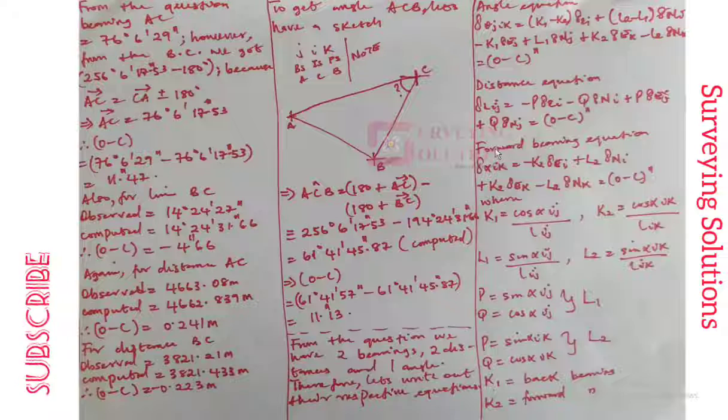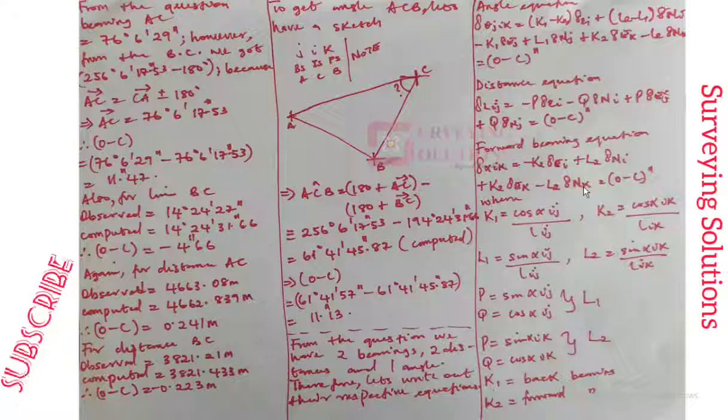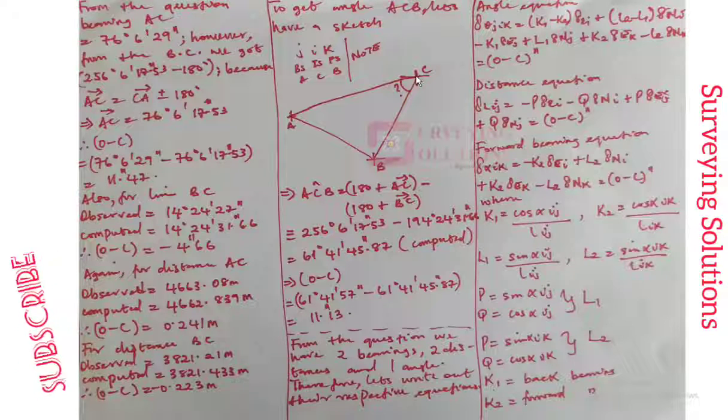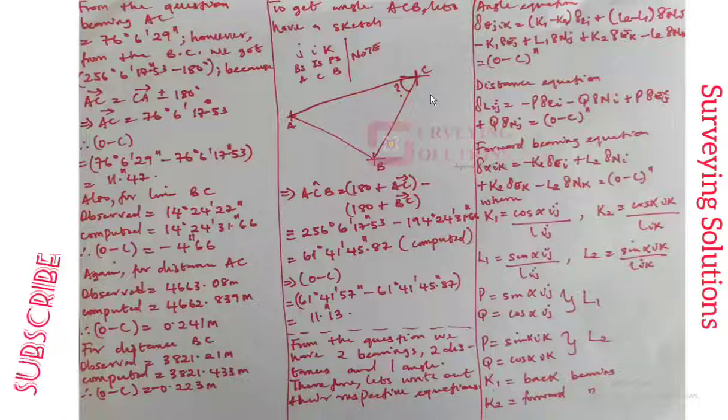On these our equations, you can see the notations for I, and you can see the notations for K, right? And we have told you earlier that since observations were made on C, it is from C towards A, and then from C to B, which means C is your I. And you know that C is actually a point whose coordinate we want to adjust.